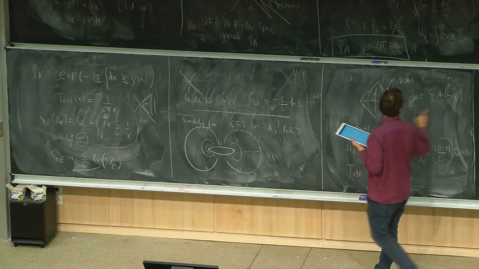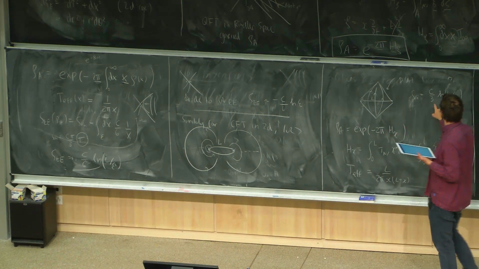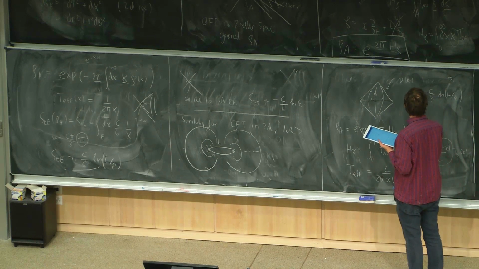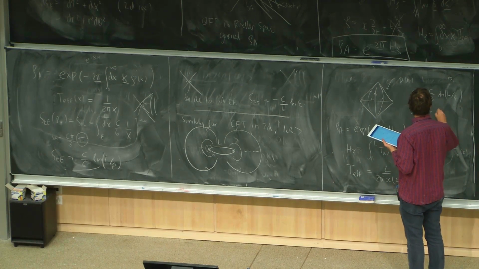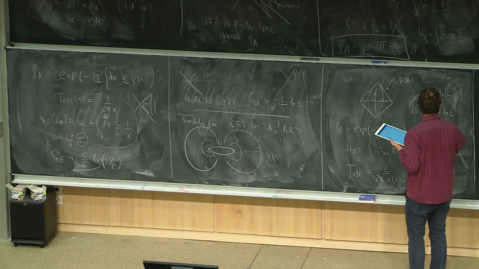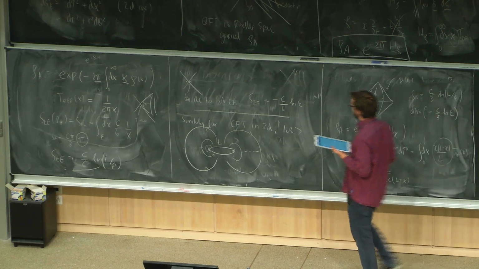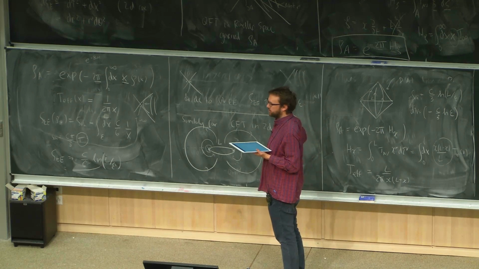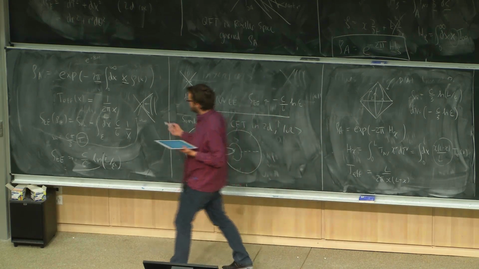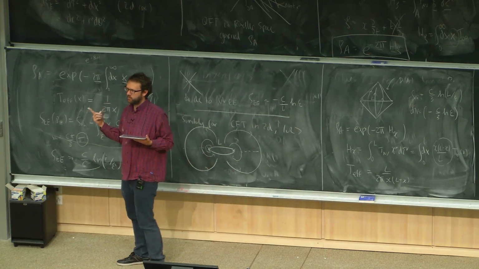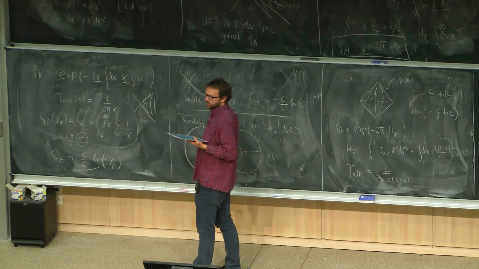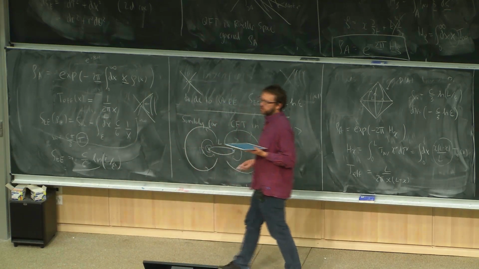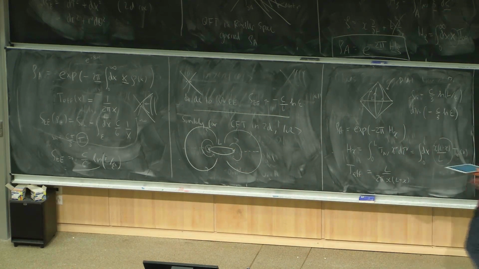Notice now you get a factor of a third, so the divergence is like minus C over 3 log epsilon, and that should be compared with minus C over 6 log epsilon. That's just because in the Rindler case you had only one place with an infinite amount of entanglement. Here you have 2, so you get a factor of 2 from that.